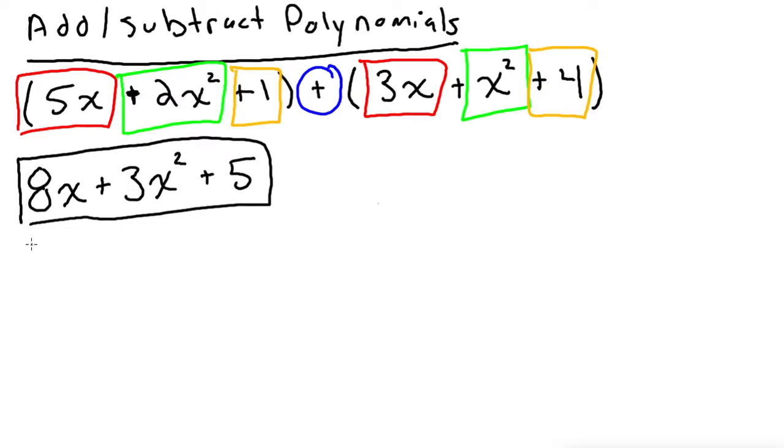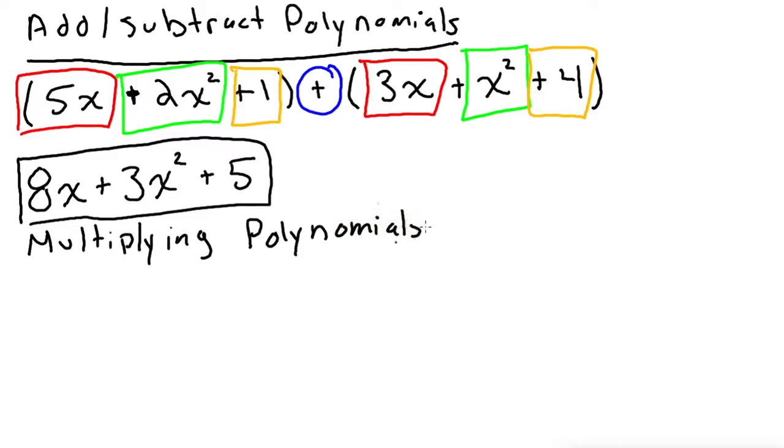So let's move on to multiplying polynomials. It's going to work sort of the same way as adding them, but it's more like the distributive property that we already went over.